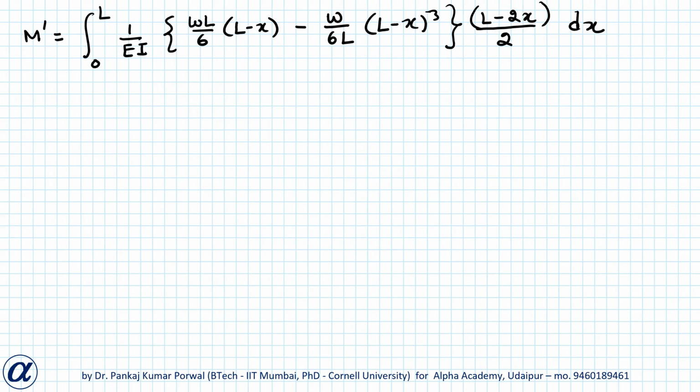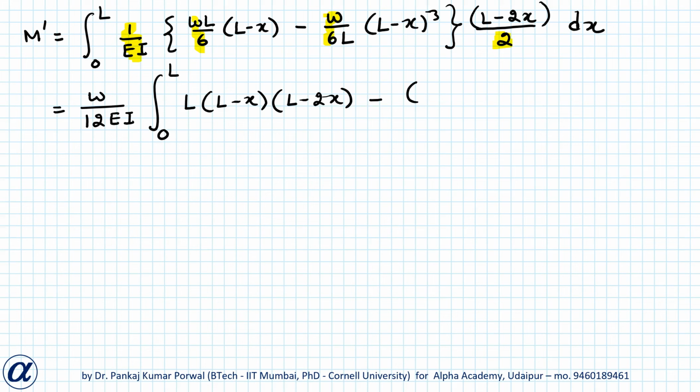Now from this integral I can take 1 upon EI out of the integral, W by 6 also out of the integral, and this 2 also out of the integral. So I get W divided by 12 EI integral 0 to L of (L minus x) into (L minus 2x) minus (L minus x) cube into (L minus 2x) divided by L dx.